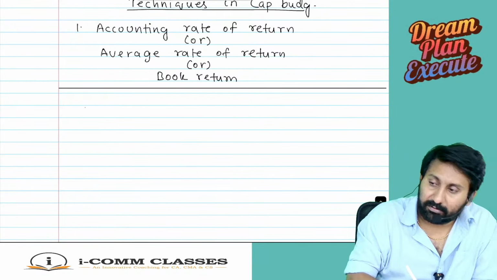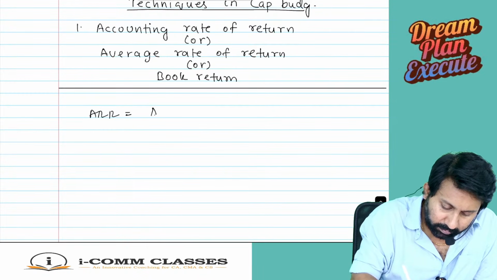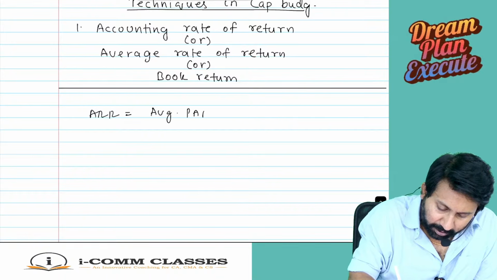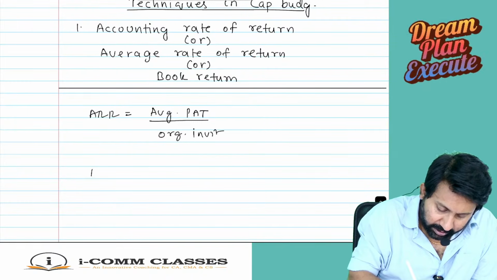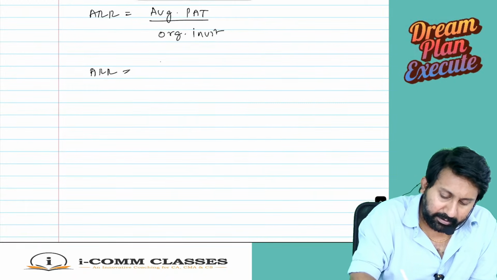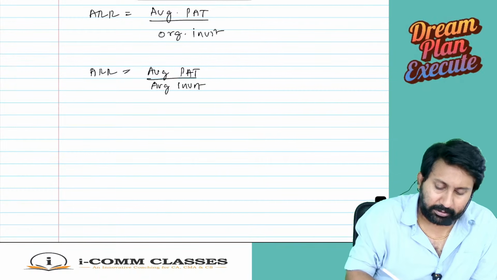What is the first version formula for ARR computation? Average profit after tax divided by original investment. Next, ARR second formula, tell me. Profit after tax divided by average investment.